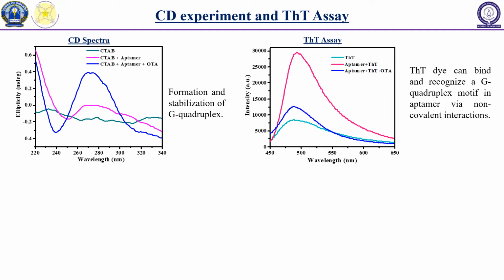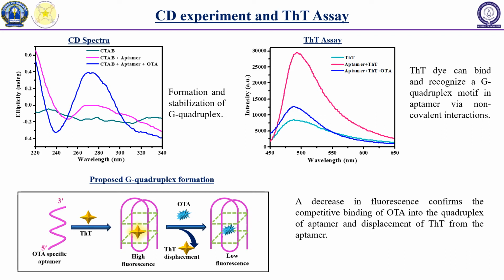But on the introduction of the OTA to the above ThT-aptamer solution, the fluorescence intensity of the ThT decreased significantly, which confirmed the release of ThT upon the competitive binding of the OTA into the G-quadruplex, as we can see in the schematic representation also, that ThT gets displaced from this G-quadruplex and OTA takes its place.